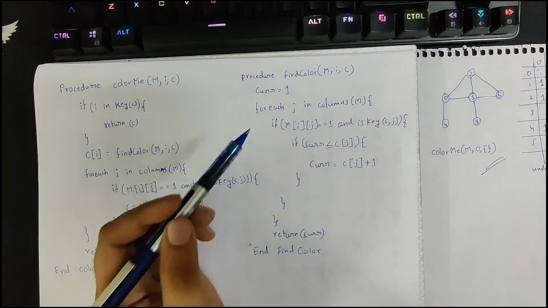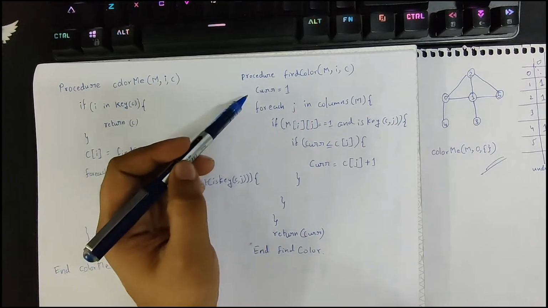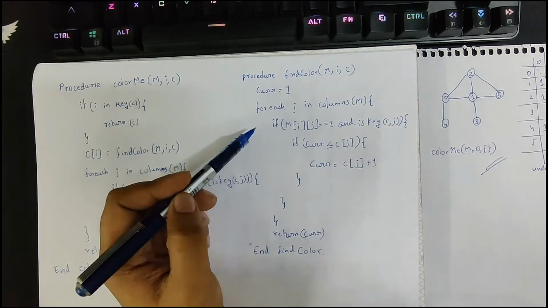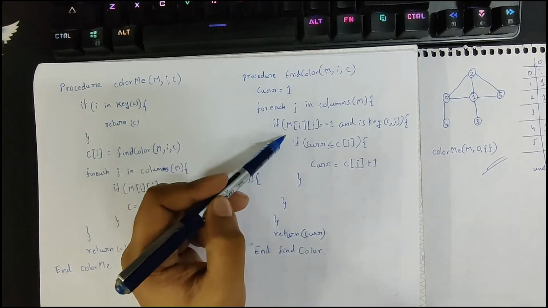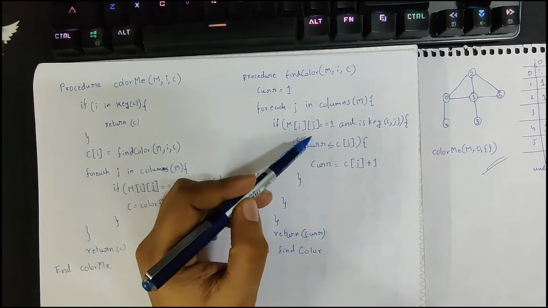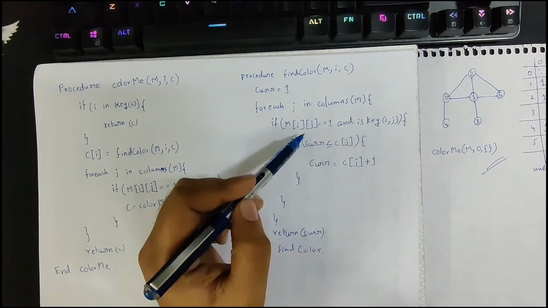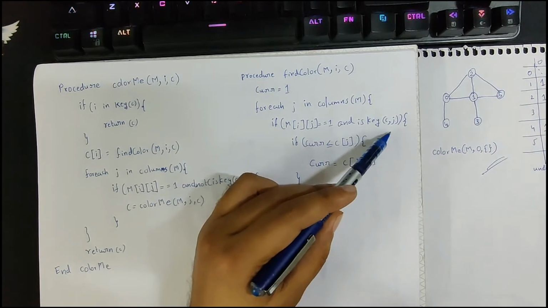And what happens in find color of M comma I comma C? There is a variable current. First we are initializing it to 1. So for each j in columns of M, we are checking if there is an edge from I to j and is key of C comma j, that is this j is already a key in this dictionary or not.